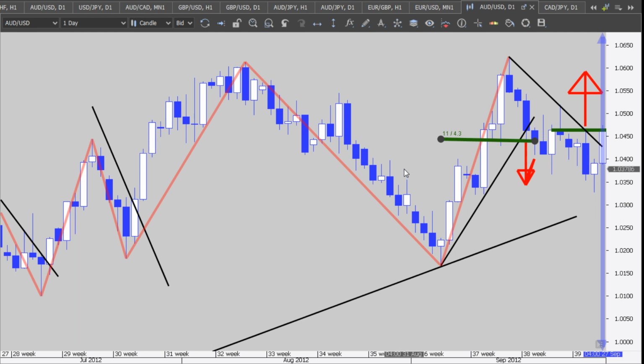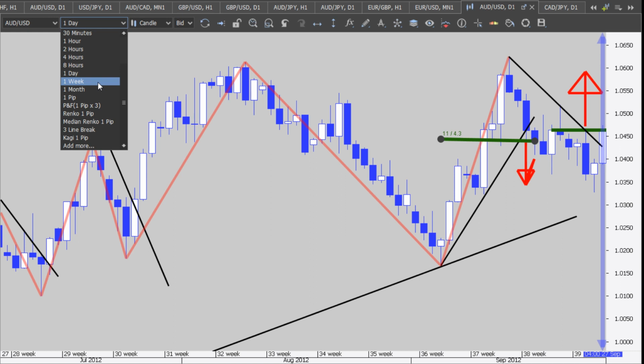Now we're going to go from the daily, and we have the horizontal line here. We're going to move to the weekly, because the weekly chart is the confirmation time frame. Do we agree on this? The weekly is the confirmation time frame of the daily.